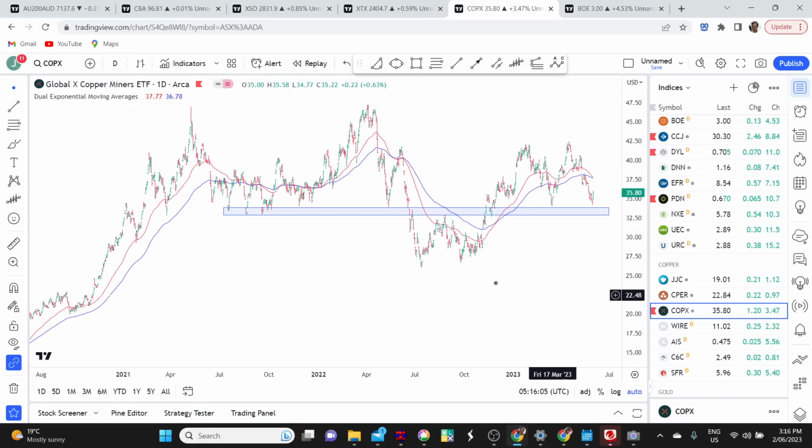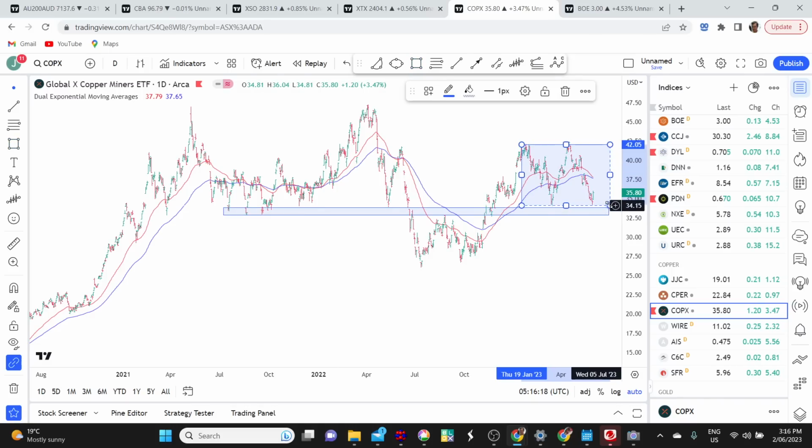What I'm wondering is we've got this nice upward leg from around September last year, and is this like a zigzag sideways pattern? Will this be the bottom of the range in this copper ETF? It's a really interesting one to consider.